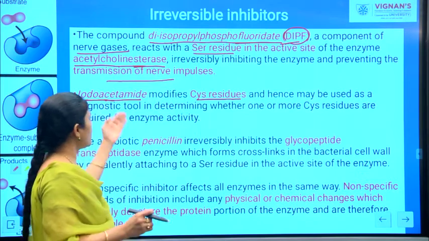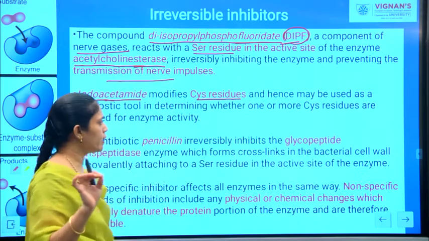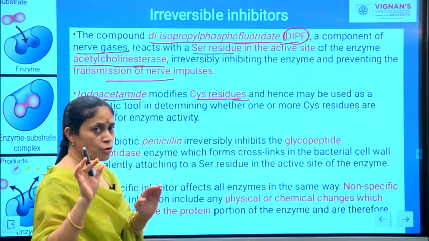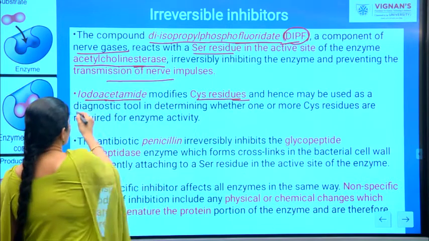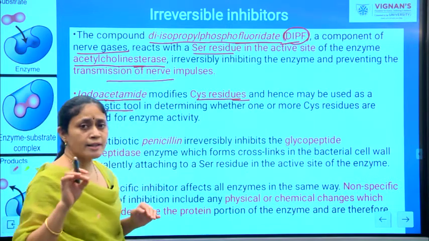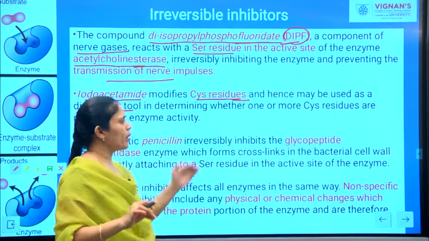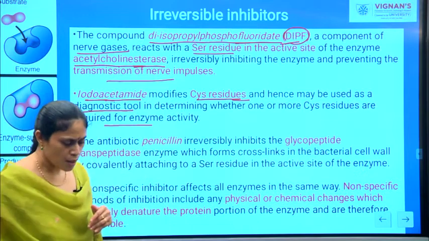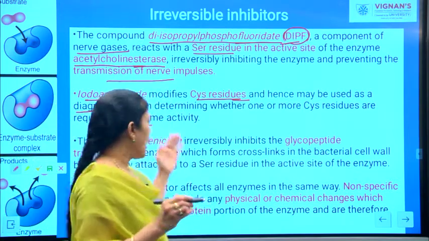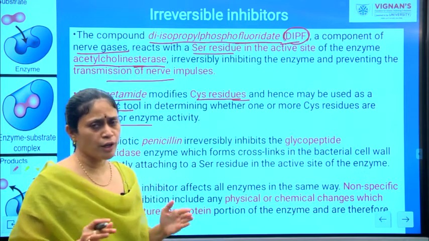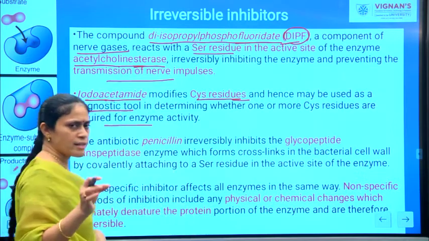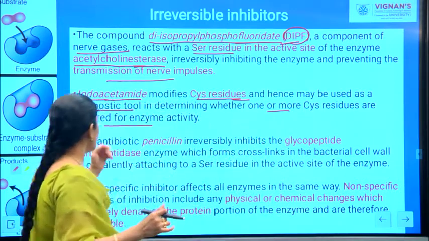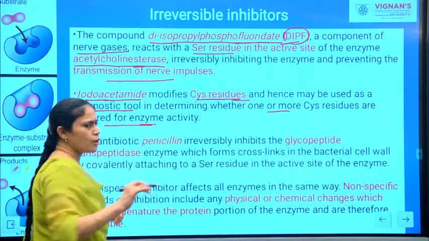Your iodoacetamide has the property of modifying the cysteine residues present in the active site of various enzymes, because of which it is used as a diagnostic tool in determining whether one or more cysteine residues are required for enzyme activity or not. As iodoacetamide modifies your cysteine residues, it is used to determine whether one or more cysteine residues are responsible for your enzyme activity or not.